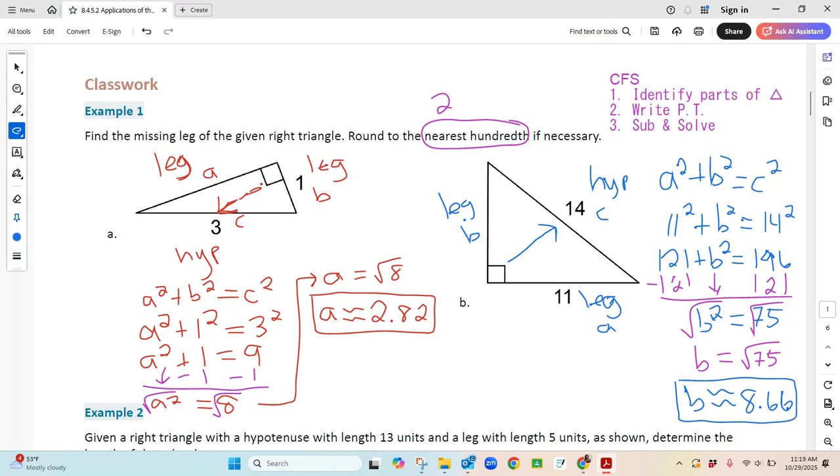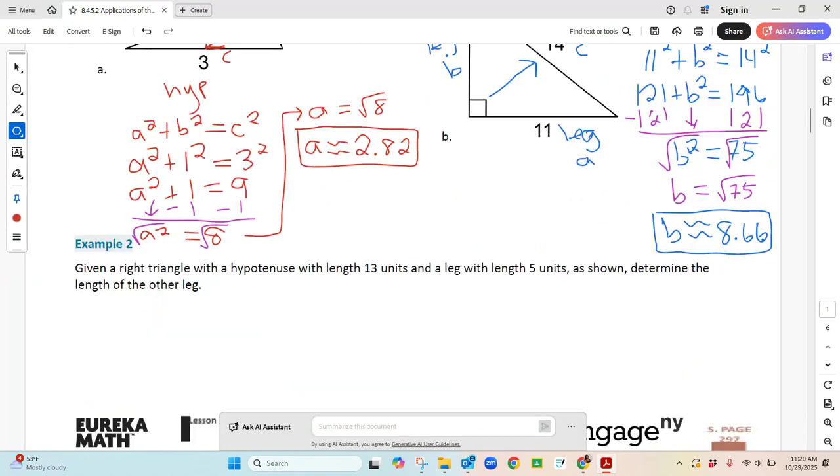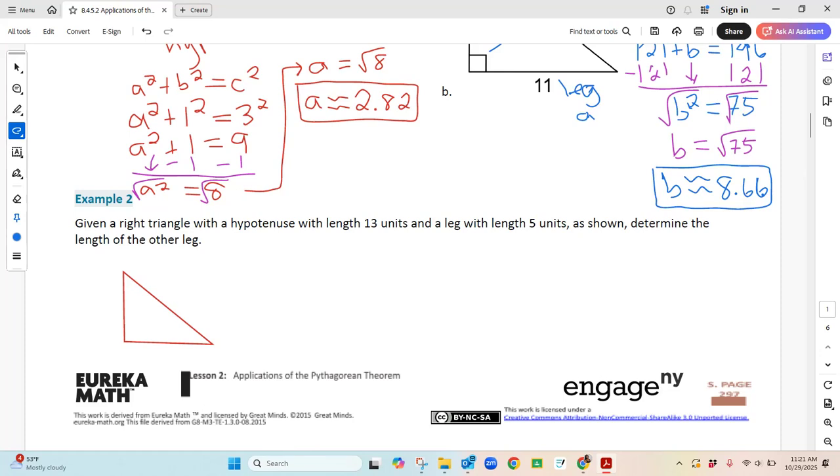Our last question asks us to draw a triangle first. So let's look at that. It says, given a right triangle. I'm going to pause there and draw a right triangle. Great. Right triangle drawn. Right angle put in the corner. It says with a hypotenuse, that's our C, with a length of 13 units. That's across from here.